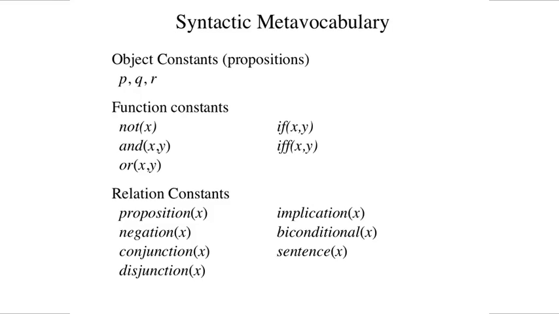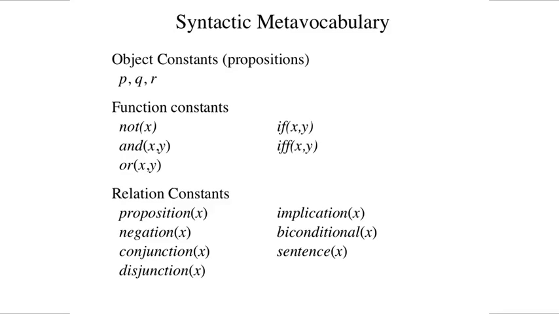Finally, we introduce a selection of relation constants to express the types of various expressions in our propositional logic language. We use the unary relation constant proposition to assert that an expression is a proposition. We use the unary relation constant negation to assert that an expression is a negation. We use the unary relation constant conjunction to assert that an expression is a conjunction.